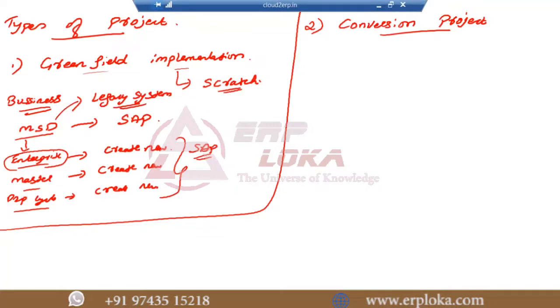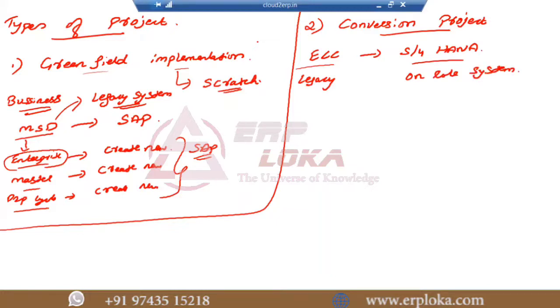Whenever we see a conversion project, here we are going to convert an ECC system to an S/4HANA system. Here your ECC will be your legacy system. Your S/4 system will be your new system.